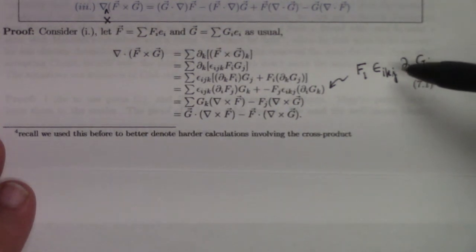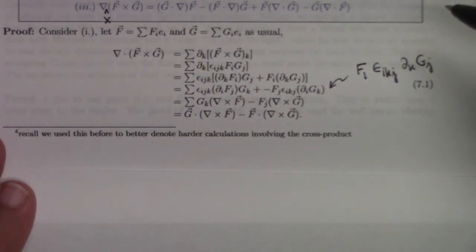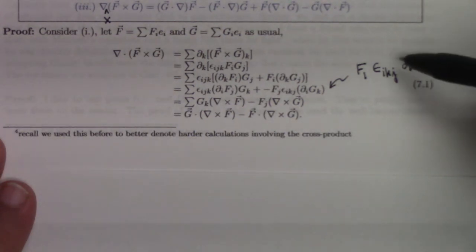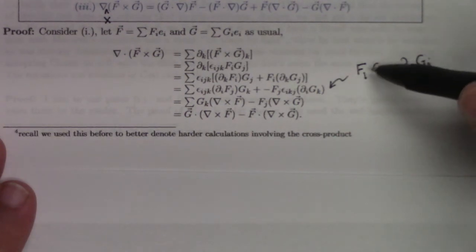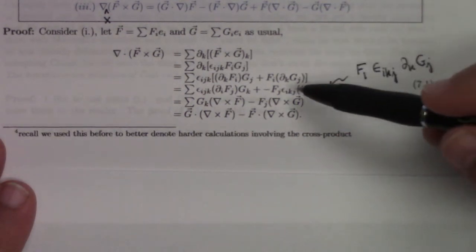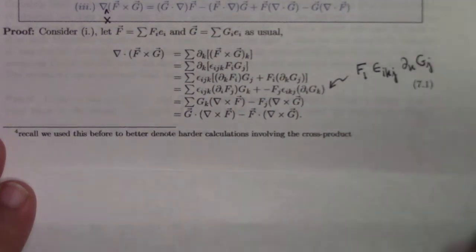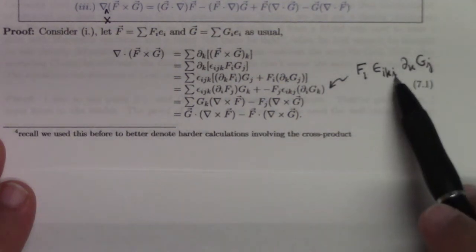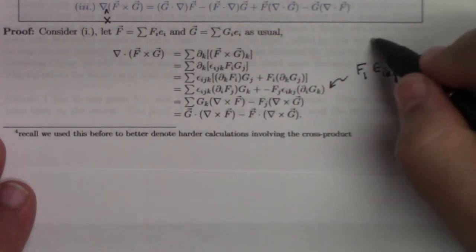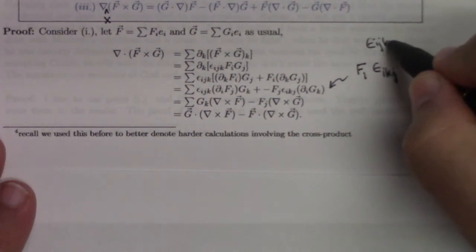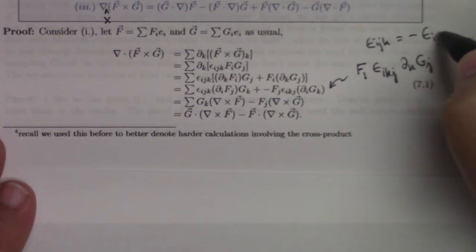So yeah. Not sure why I did that. In any event, I'm not sure why I put the letters the way I did there. The minus is because I flipped the kj, like epsilon ijk is equal to minus epsilon ikj.